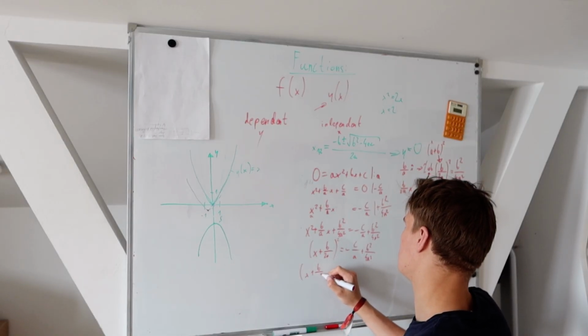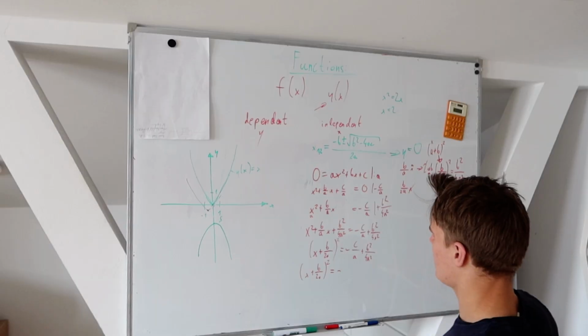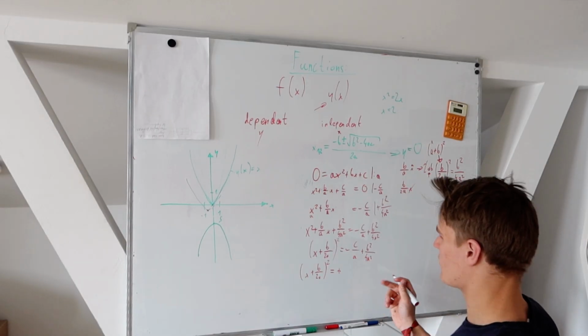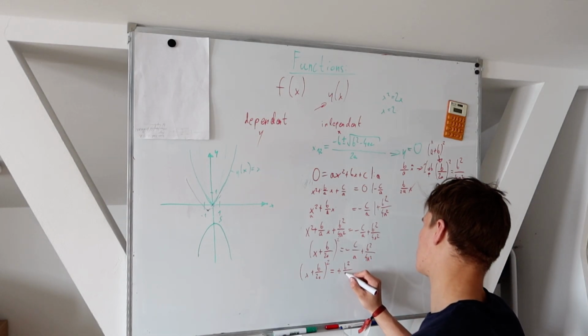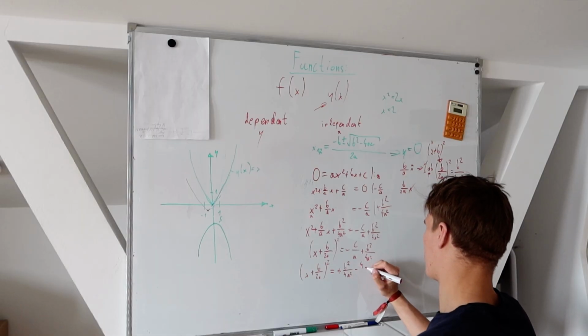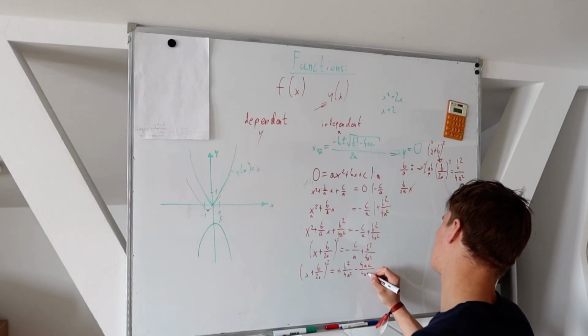X plus b over 2a to the power of 2 minus, and what we can do here is first of all swap these two. So we have b squared over 4a squared, but we can also write minus 4ac over 4a squared, right?